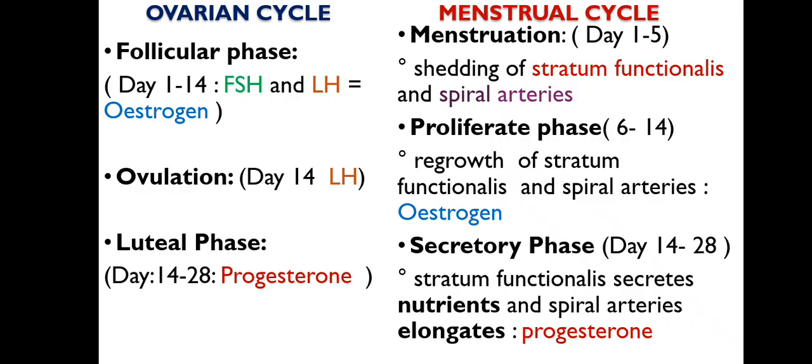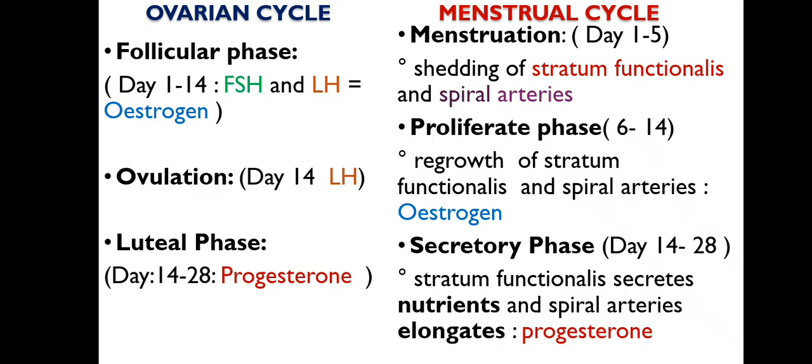Imagine, just from being shed off from day 1 to day 5, from day 6 to day 14, they start reforming again. They start to regenerate. They start to proliferate again. So from day 6 to day 14, there is just the regeneration again of the same endometrium, the same inner lining of the uterus. It will start forming again, hoping this time around maybe there's going to be fertilization.